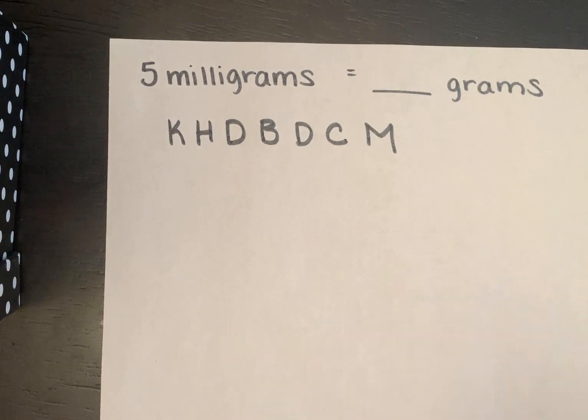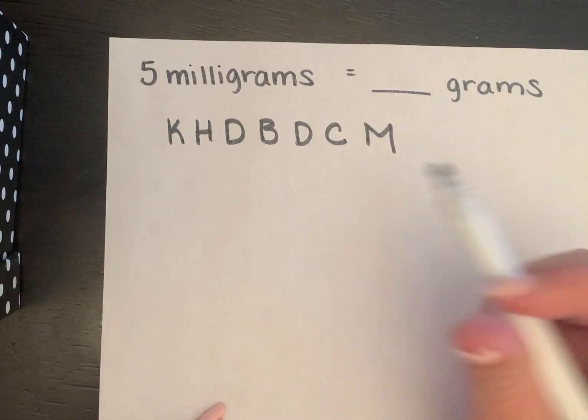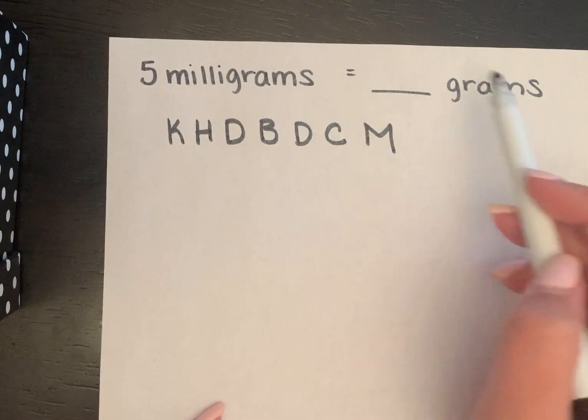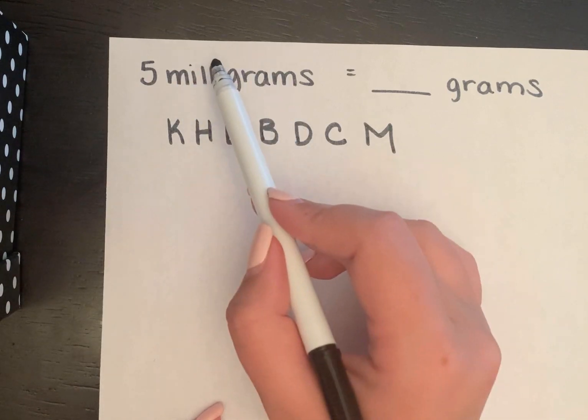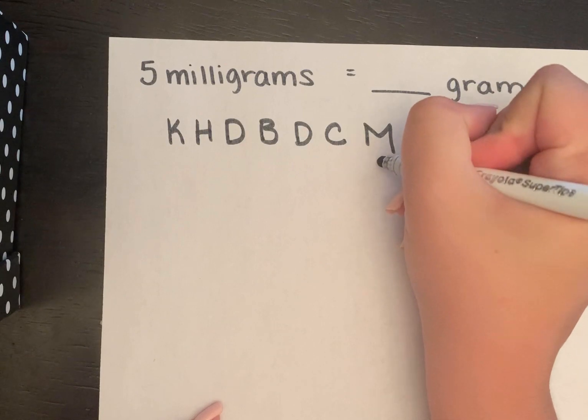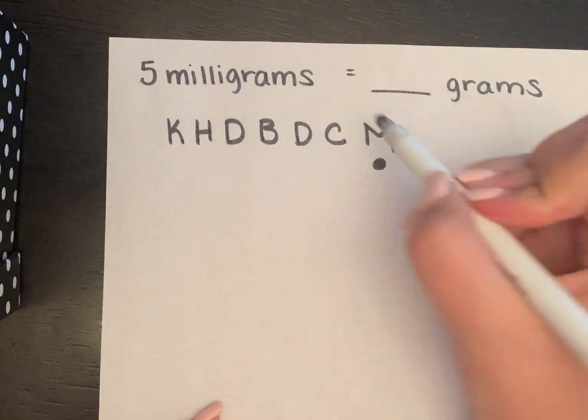In this question, 5 milligrams equals how many grams, I am starting with milligrams and you need to get to grams. Think of this as your starting point and this as your ending point. I'm starting right here, remember, milli.